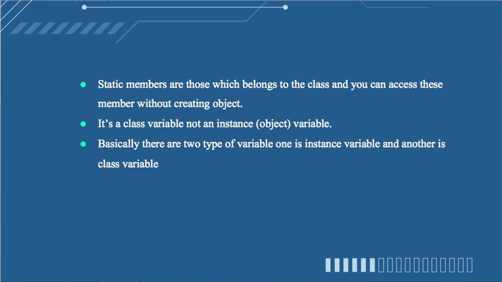Number three, basically there are two types of variables: instance variables and class variables. The instance variable is called directly through the object, whereas the class variable can be accessed only through the class name.